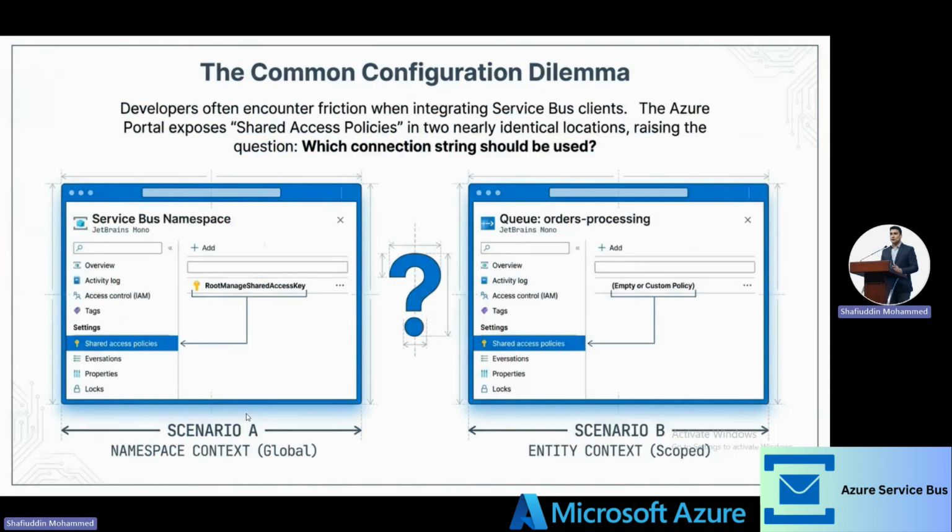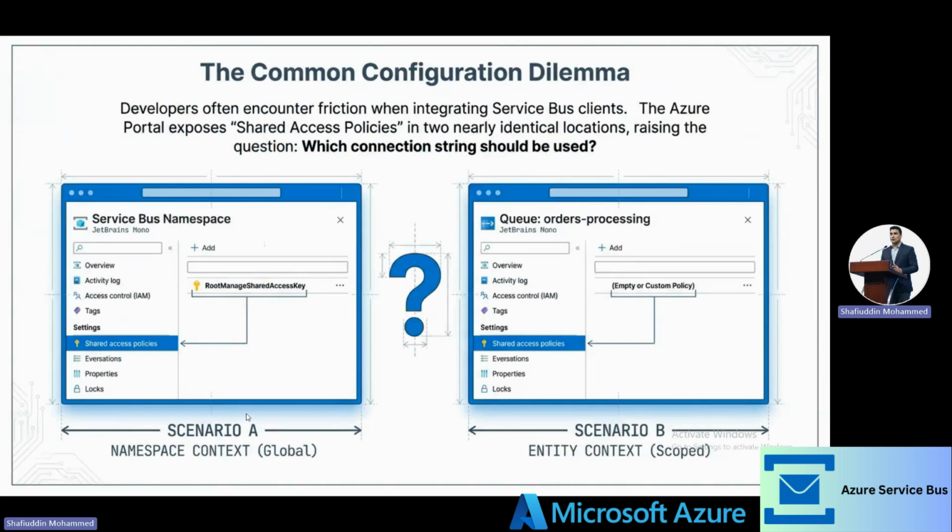But the queue connection string works only for its scope. For example, in one namespace I have multiple queues. For each queue, I have a different unique custom connection string. If I want to speak with a particular queue, it is limited only to that particular queue.